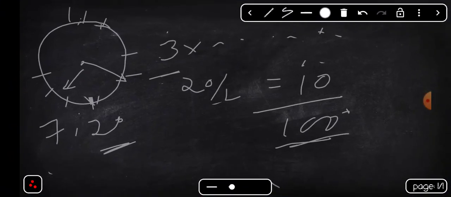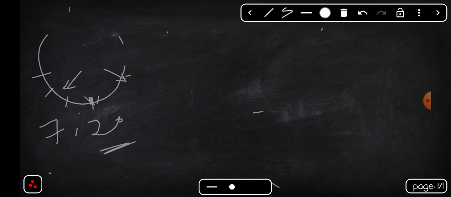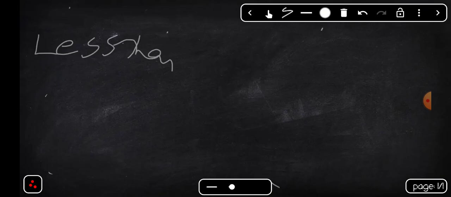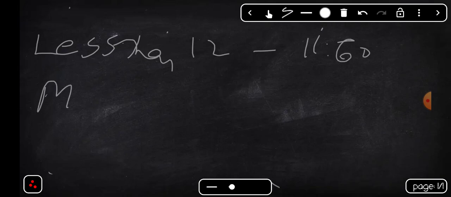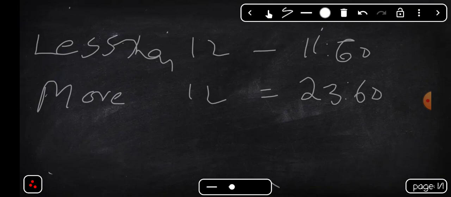Suppose if the given time is less than 12, we have to minus from 11:60. Suppose if it is more than 12, we have to minus from 23:60.